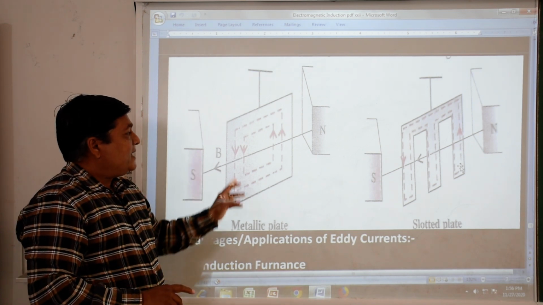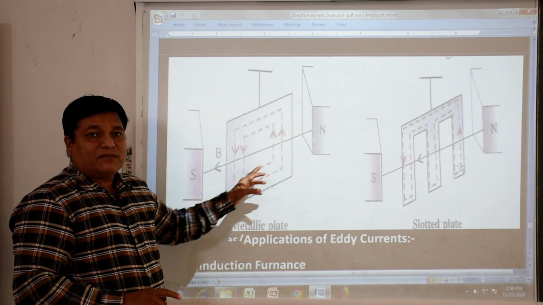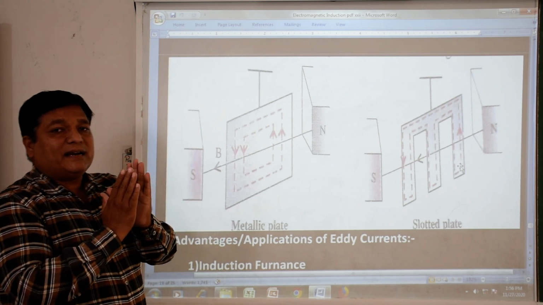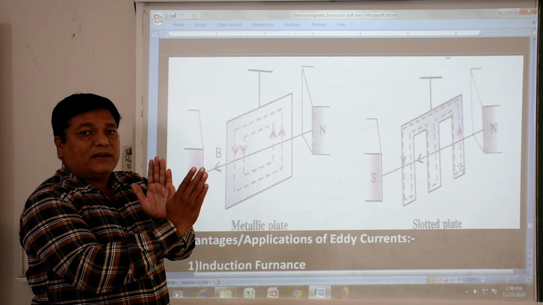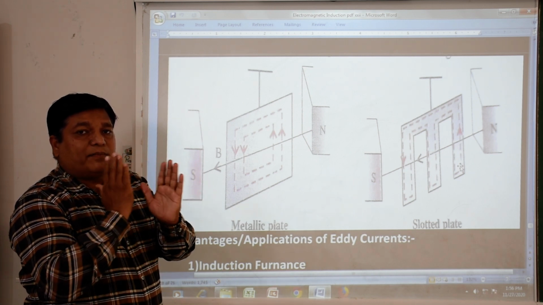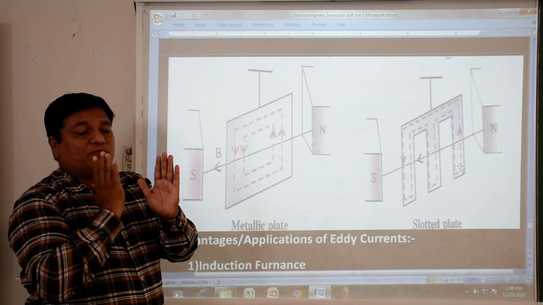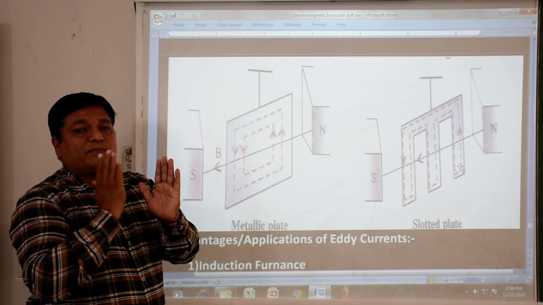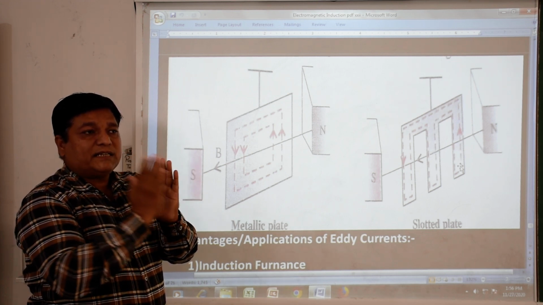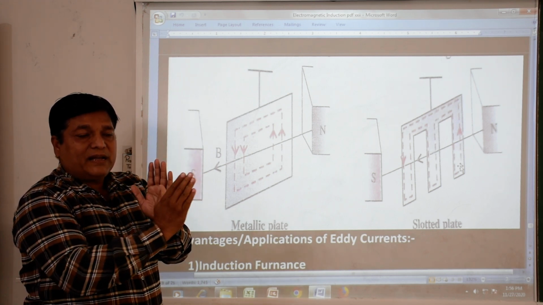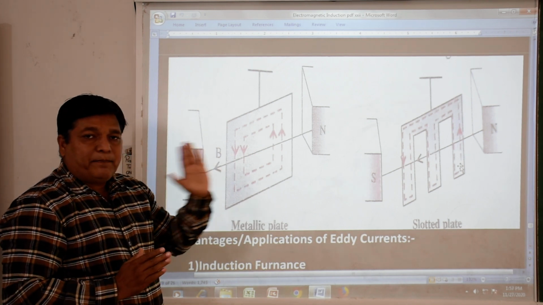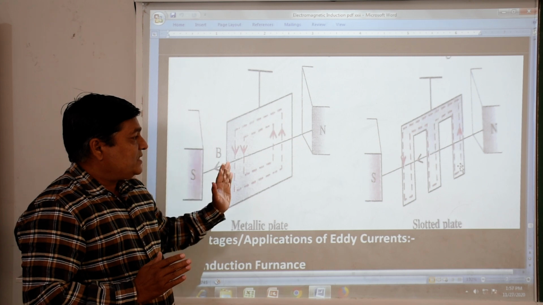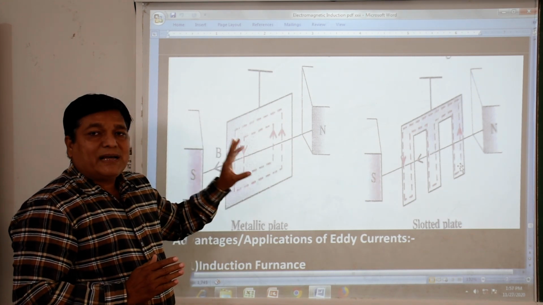Due to this, eddy currents are formed on the surface of the plate, and this eddy current opposes the motion of the plate. Slowly the moving plate comes to rest. This is said to be damping. Damping oscillation takes place due to the eddy current.